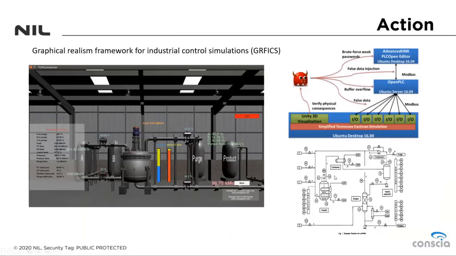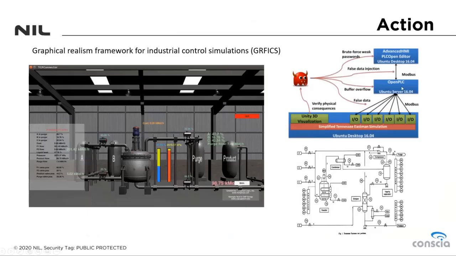So keep in mind, by designing a control system for this process, the reactor pressure must be kept at a safe level, and we are trying to maximize the efficiency of the product and minimize the purge that's going on. Here we can also see the architecture of this simulation.